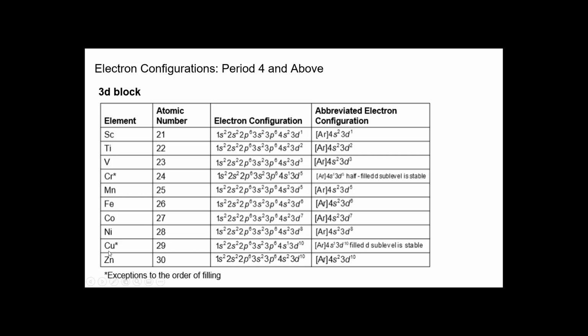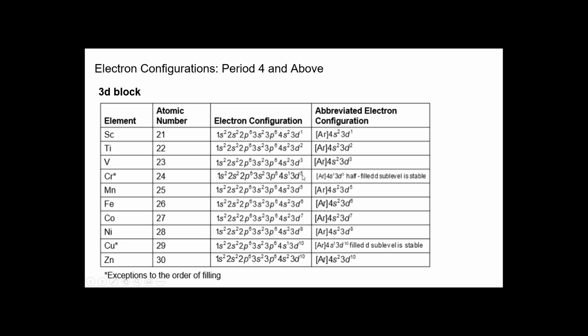If you see, chromium and copper have half filled. So what they found, if we were to follow this, you can see that this is 4s1 3d5. What it would normally be is we would take one of these off and it would be 4s2 3d4.